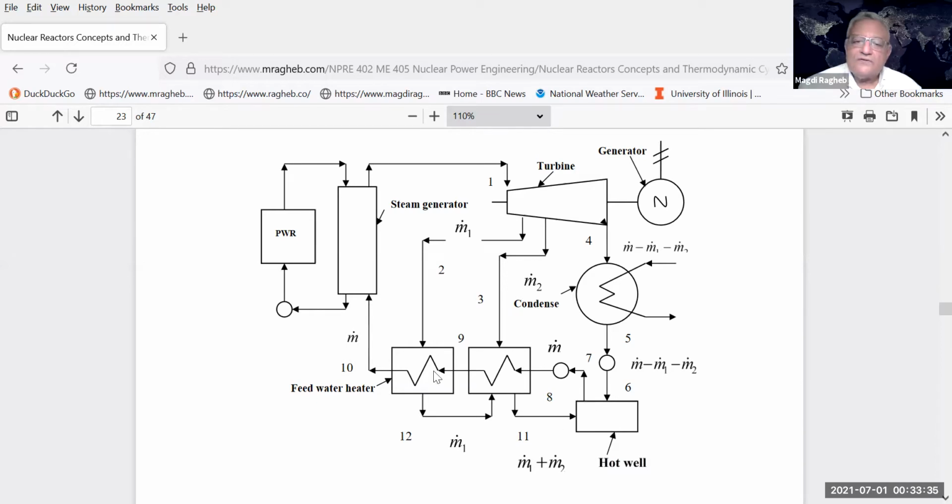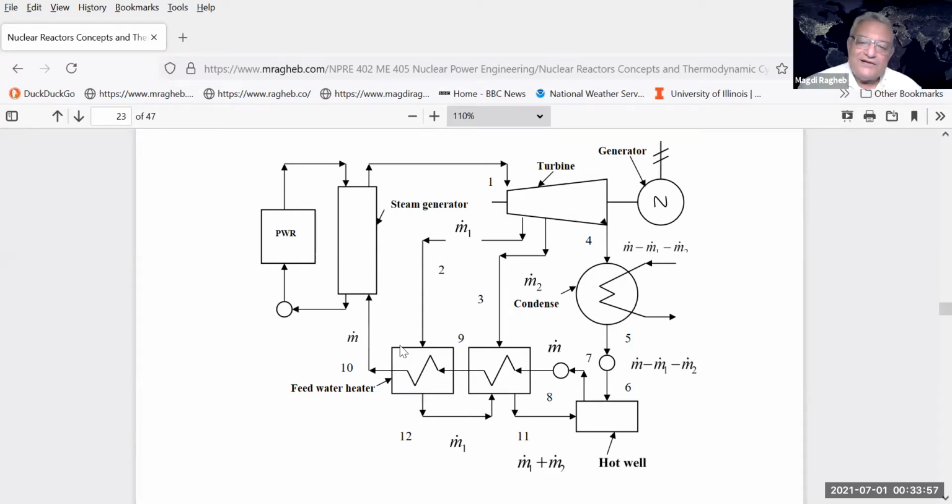And then as the condensation of m1 dot here and m2 dot here join, you'll find that in the hot well, you are back to m dot minus m1 dot minus m2 dot plus again the m1 dot plus m2 dot. Or you are back to the m dot flow that goes back into the steam generator.